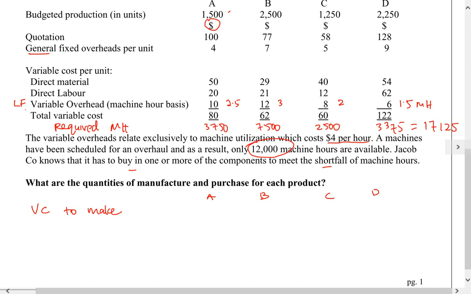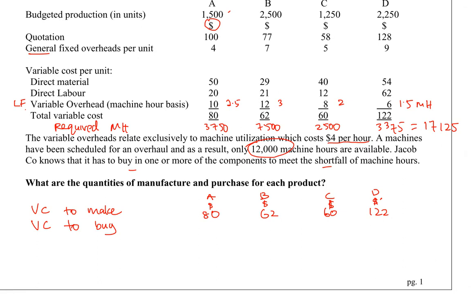Every unit costs me $80 to make: variable material, labor, and overheads. Which how much?